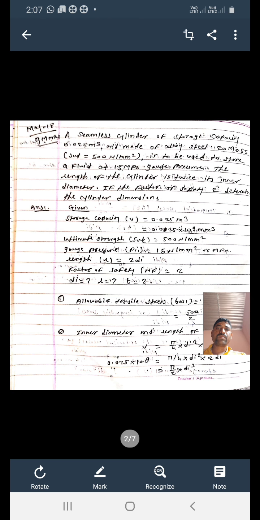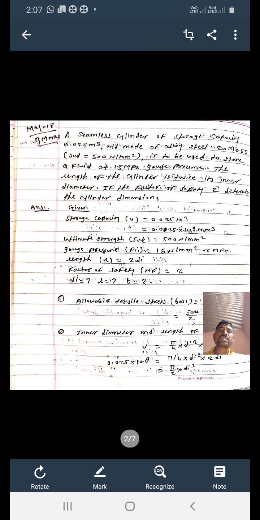A seamless cylinder of storage capacity 0.025 meter cube, made up of alloy steel 20MO55 material, with SUT equal to 500 Newton per mm square, is to be used to store a fluid at 15 megapascal gauge pressure.